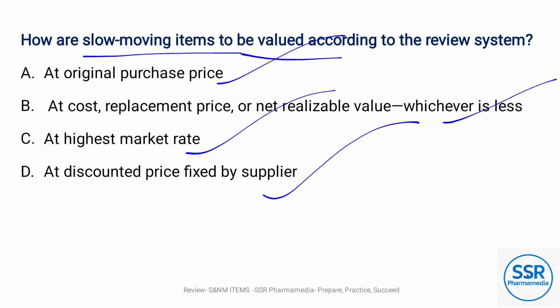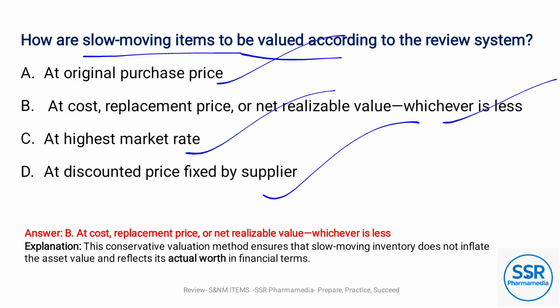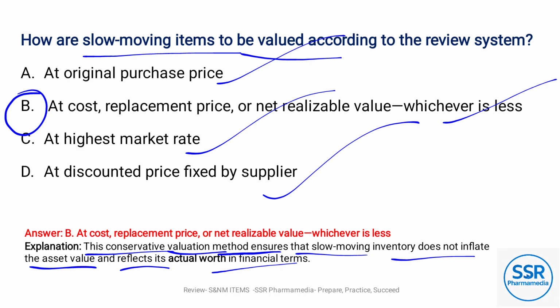Option D, at discounted price fixed by supplier. The answer is B. This conservative valuation method ensures that slow moving inventory does not inflate the asset value and reflects its actual worth in financial terms.